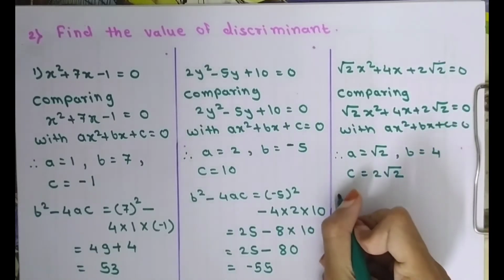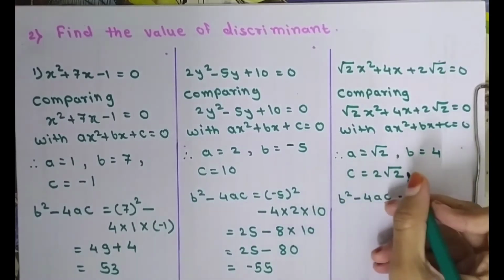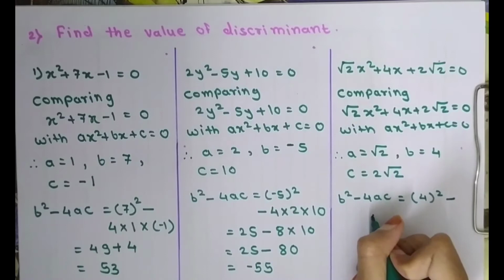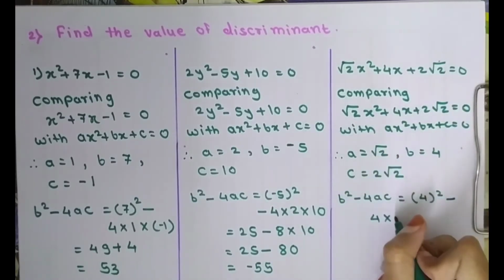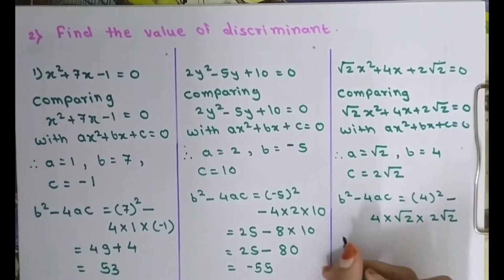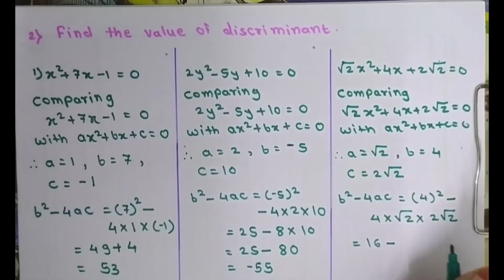Okay. Now b square minus 4ac is equal to, b square is 4 square minus 4 multiplied by a is root 2 multiplied by 2 root 2. Now 4 square is 16 minus, now 4 root 2 multiplied by 2 root 2.